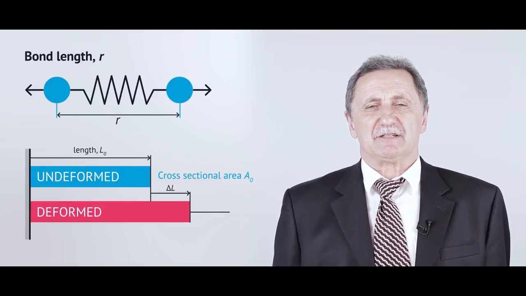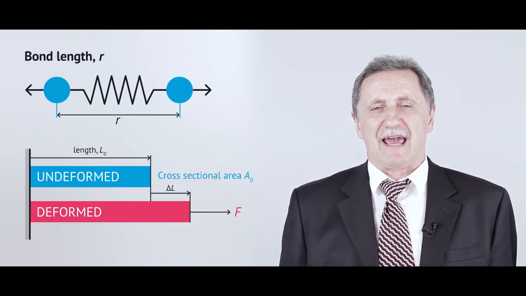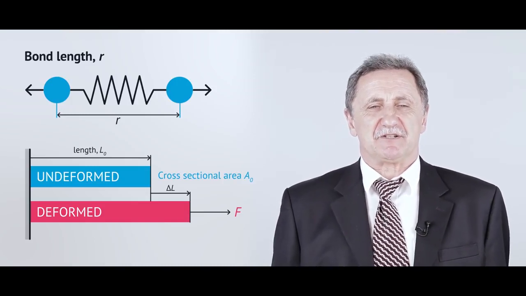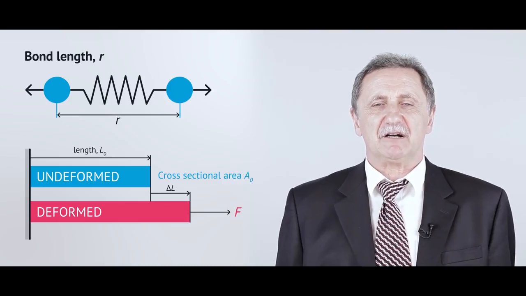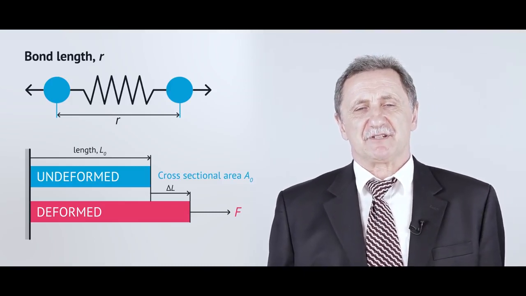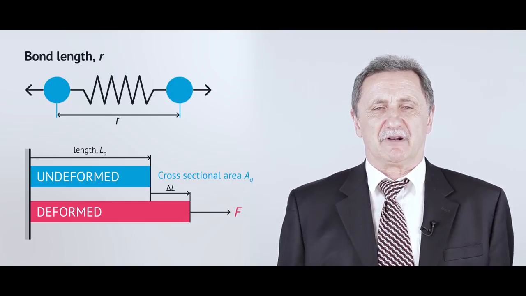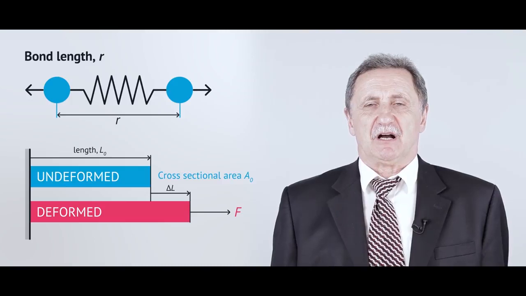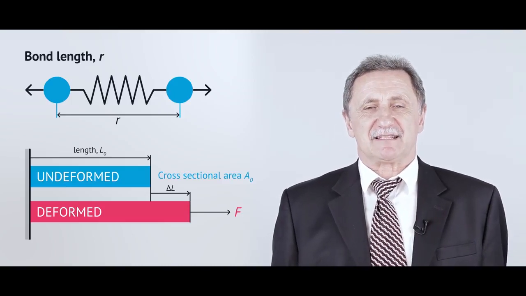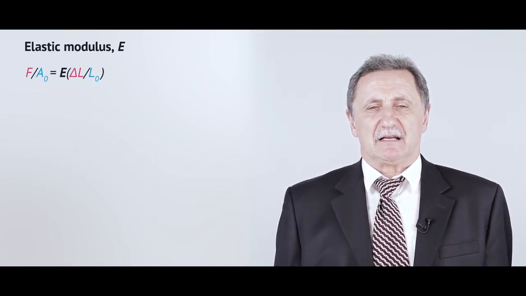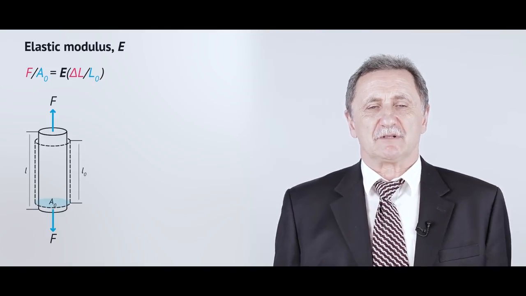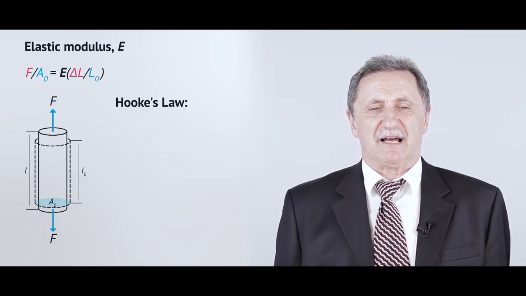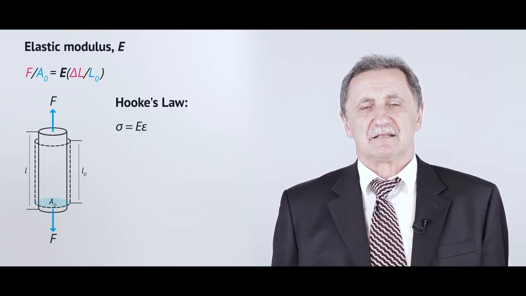Then we start to apply a load F between these two atoms, so the distance between them increases by some delta R. There is a very well-known relation between the applied load and the change of, let's say, length: the so-called Hooke's law, a linear relation between the applied stress and strain.